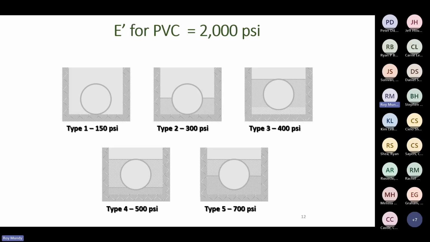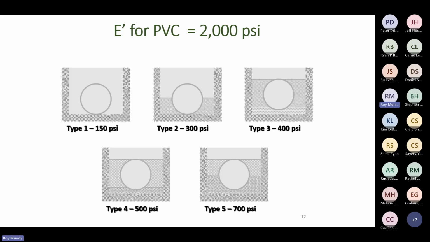And as you can probably imagine, the stiffness of ductile iron pipe is geometrically more than the stiffness of PVC pipe. So effectively, when providing a trench for ductile iron pipe, many times a type 1 or type 2 trench can be used.